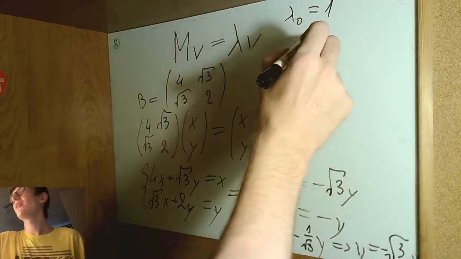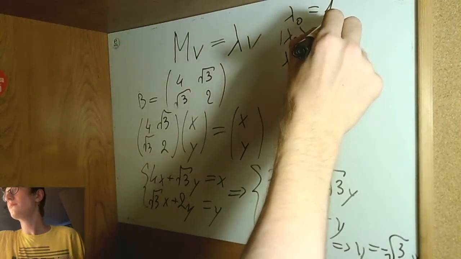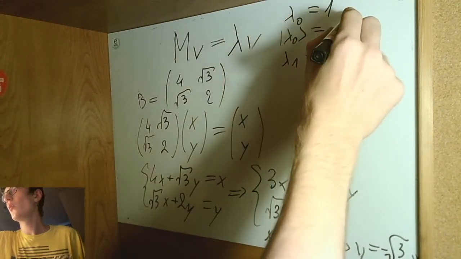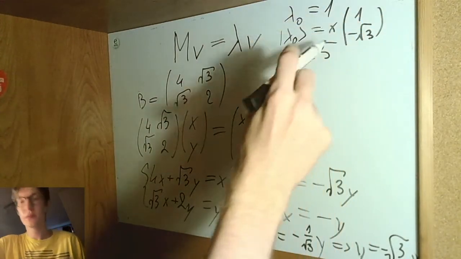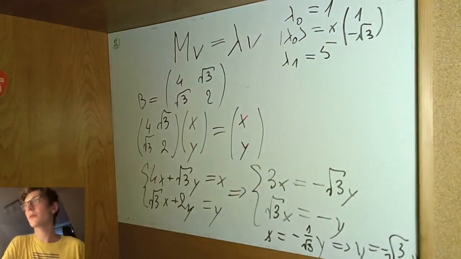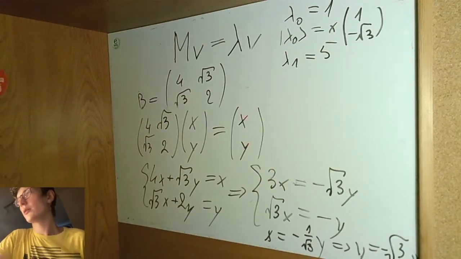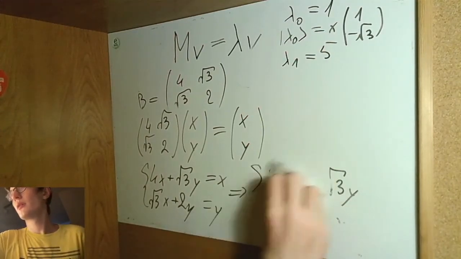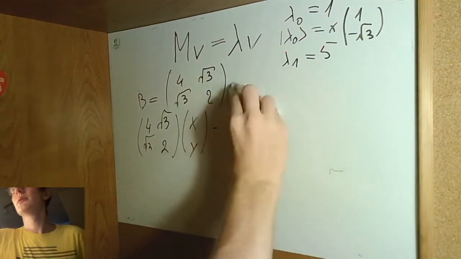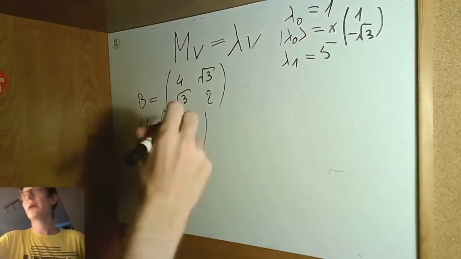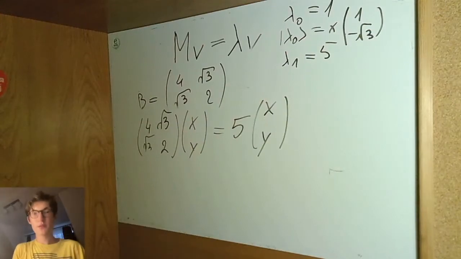So we can write this vector as 1, minus square root of 3, right? With some constant factor in front of it. And now we want to find the second eigenvector. So now it's 5 times x, y, right?